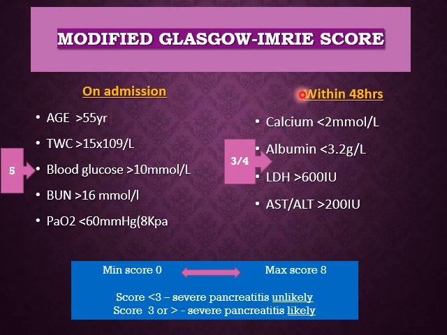The patient is then assessed over the next 48 hours with serum calcium, albumin, LDH, and the liver enzymes, again 1 point each for any of these which are positive. So it can be a minimum score of 0 and a maximum score of 8. With a score of less than 3, severe pancreatitis is unlikely. If the score is 3 or more, severe pancreatitis is likely.